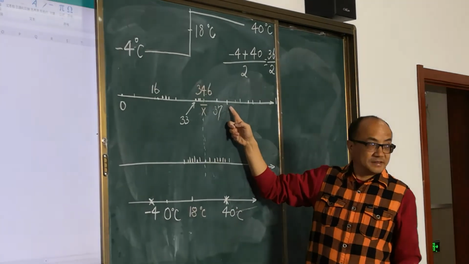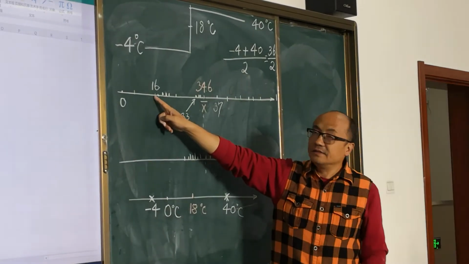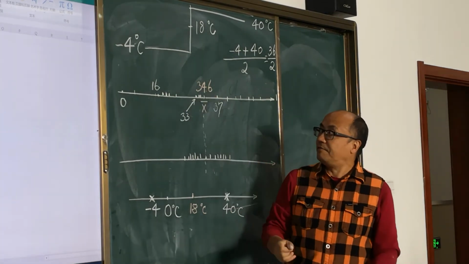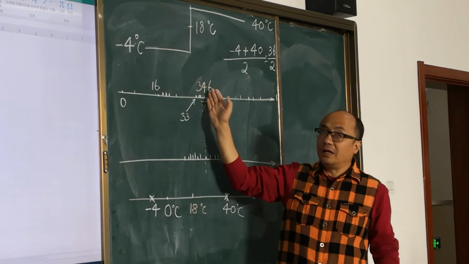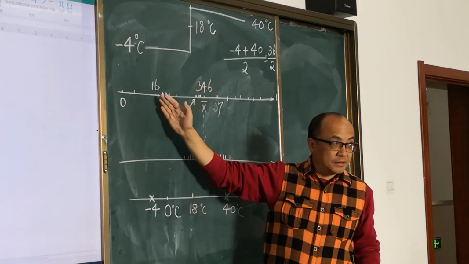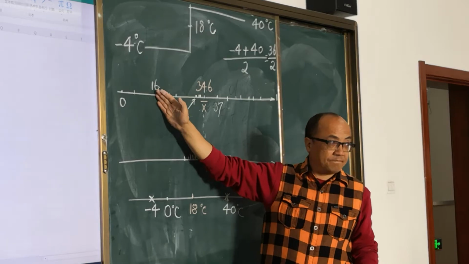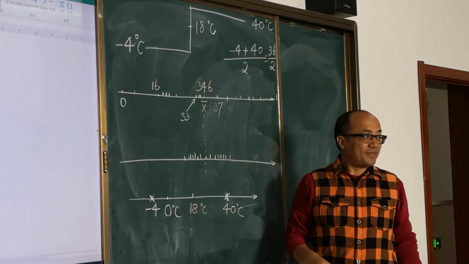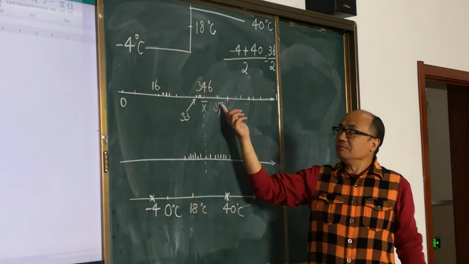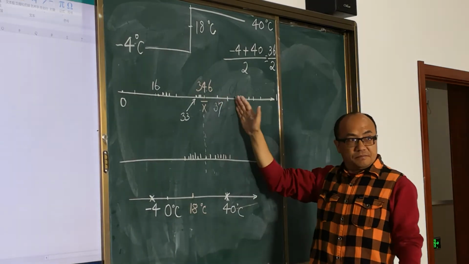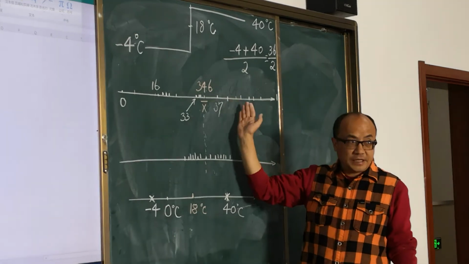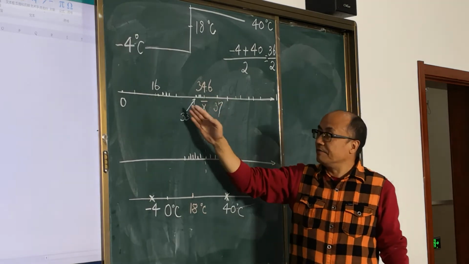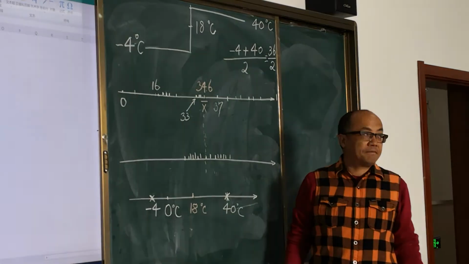And if it's a 16, then that's below by 19. It is a negative 19. The difference is a negative 19. So some differences are positive, some numbers are negative.